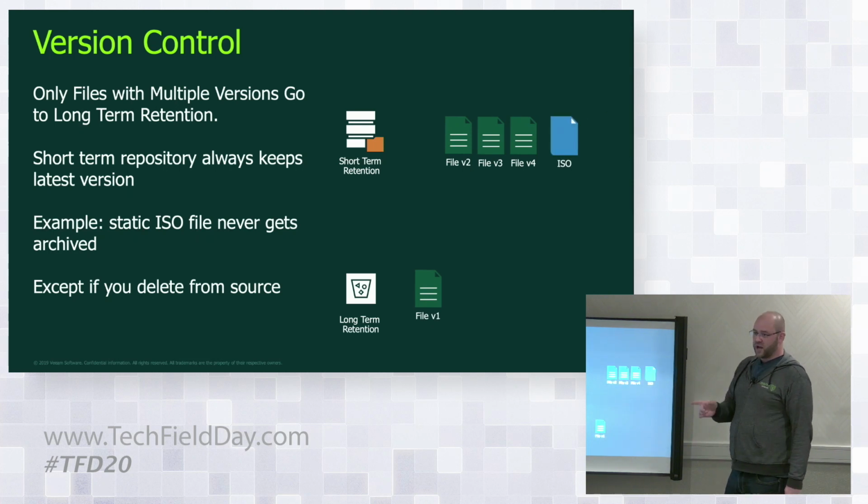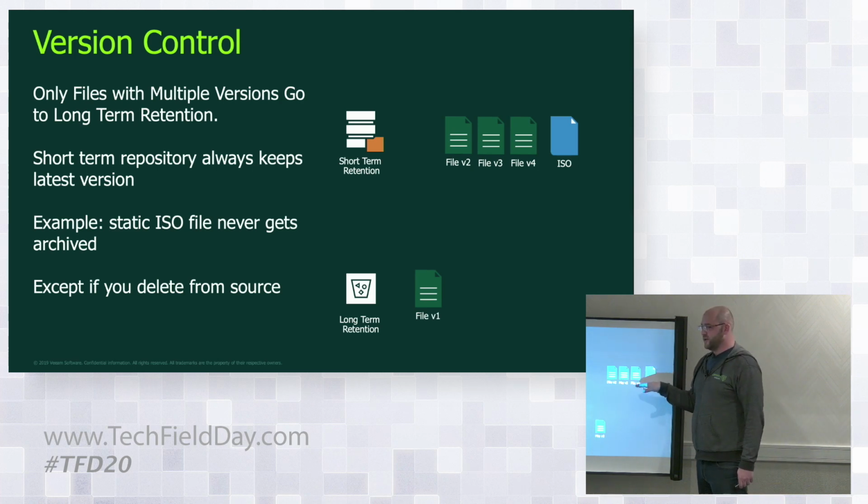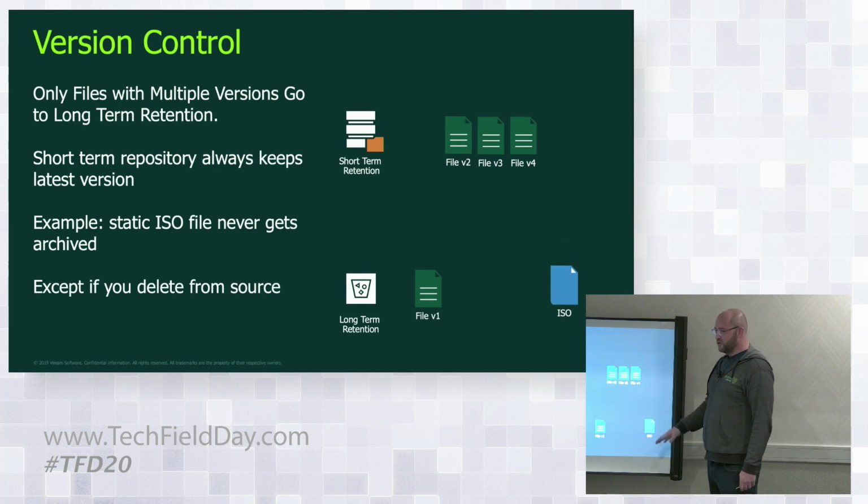Now, take an ISO, just a pure example, that doesn't change, and our retention is 3. The only way that is ever going to land down into the long-term retention is if it's deleted from the source. Once it's deleted from the source, then it will move down into longer-term retention. But that's what the internet's for anyway, right? ISOs.